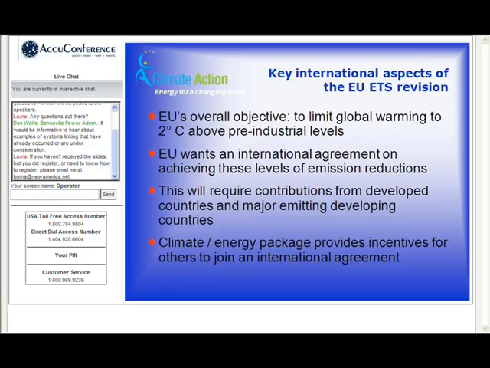Now, coming to the heart of the new elements on the EU trading system, we have a long-term objective, which is, and Sonia might help me here, not to have global warming increasing temperatures above more than 2 degrees centigrade. I think that's 4.7 degrees Fahrenheit. Something like that, yep. Above pre-industrial levels.